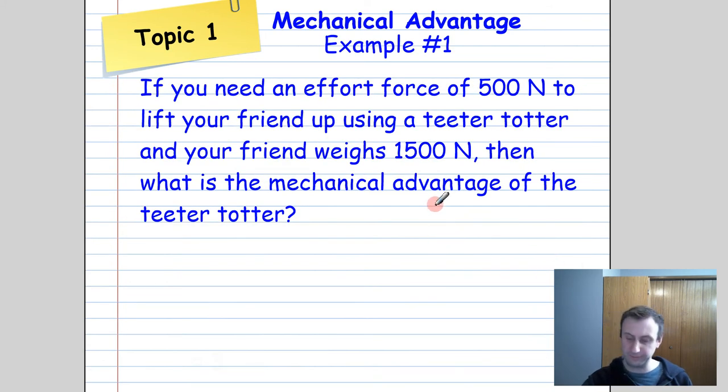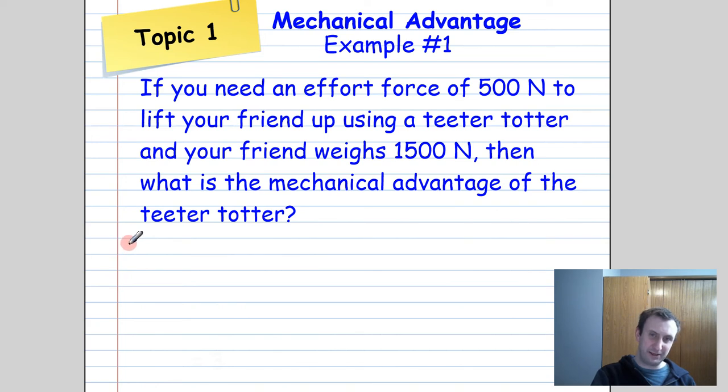So let's try this out. If you need an effort force of 500 newtons to lift your friend up using a teeter-totter, and your friend weighs, there's the weight again, 1500 newtons, then what is the mechanical advantage of the teeter-totter? Let's go through the full motions for this.